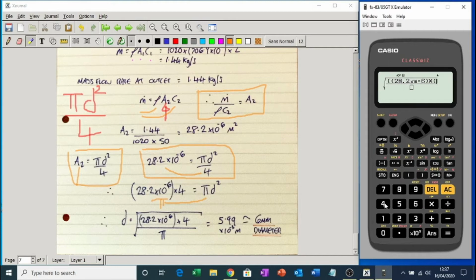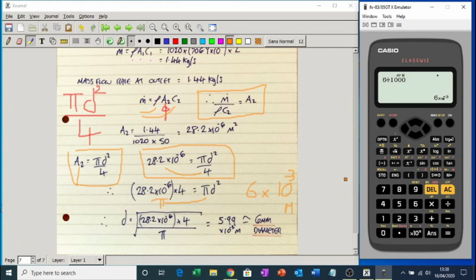Times that by 4, close that, and close that, come down here, all divide that by shift pi, and if my brackets are correct, there we are, 5.99 times 10 to the minus 3 meters. So 6 times 10 to the minus 3, which is 6 mil diameter. That's meters there. Nothing wrong with that answer, but if you want to put it into millimeters, 6 divided by 1,000 gives me, there we are.